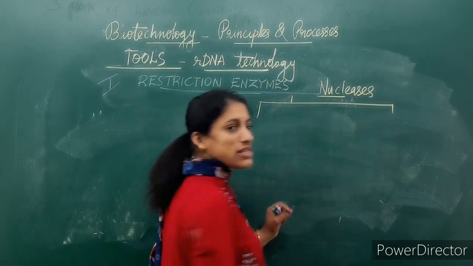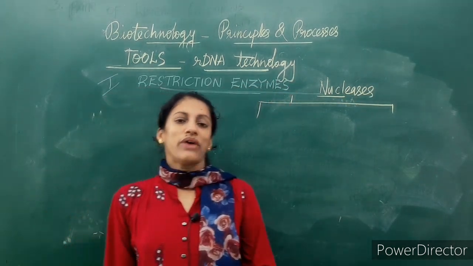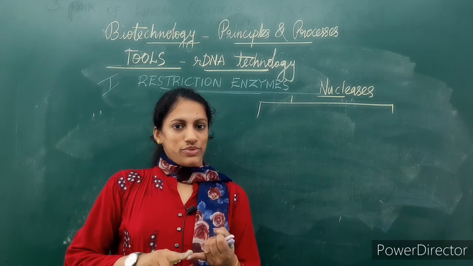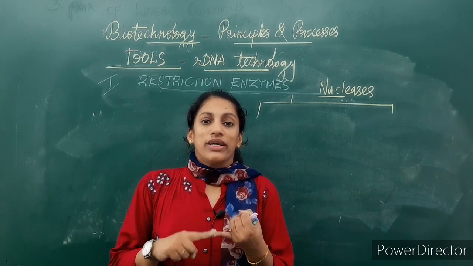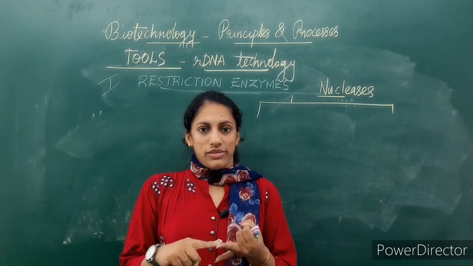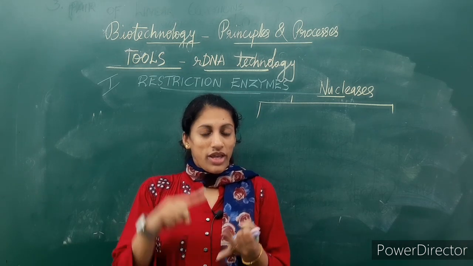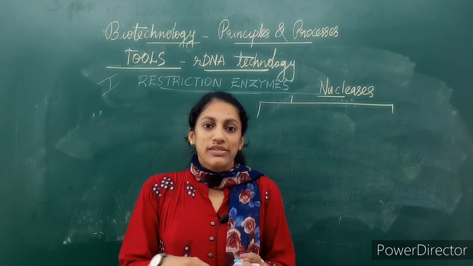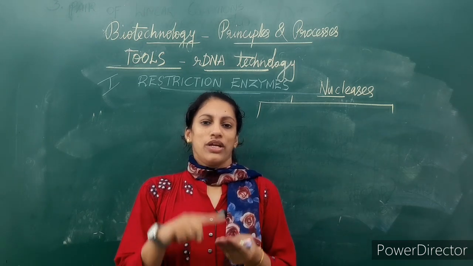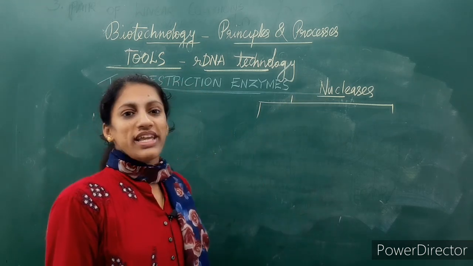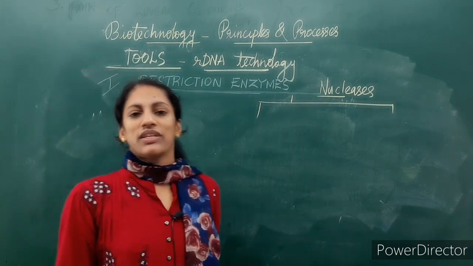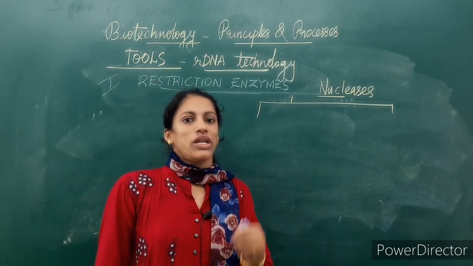In the last classes, in plus one, you studied hydrolytic enzymes, the digestion process and all: proteases, which digest protein, lipases, which digest lipids, carbohydrases, and nucleases, which digest nucleic acids. Restriction enzymes belong to the nucleases.